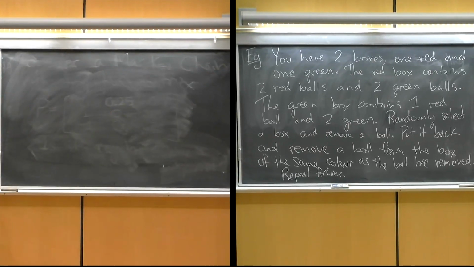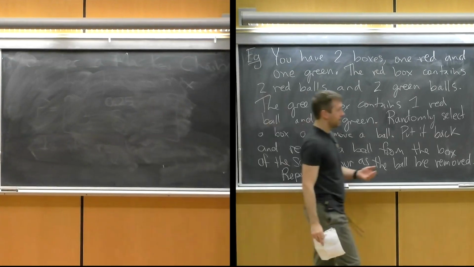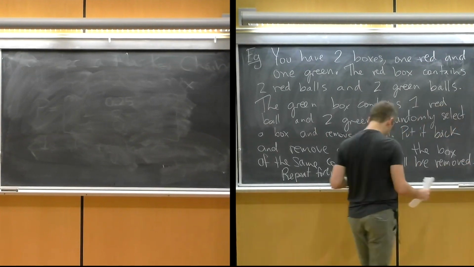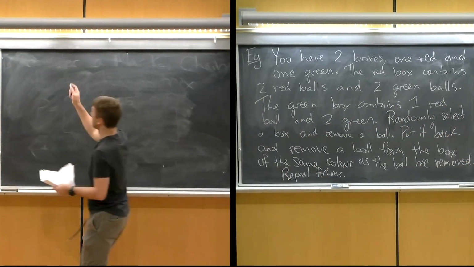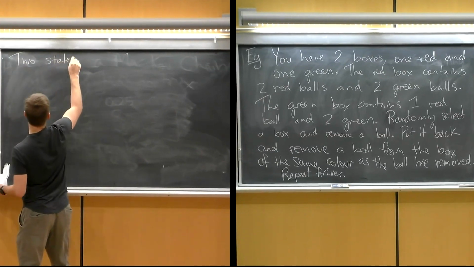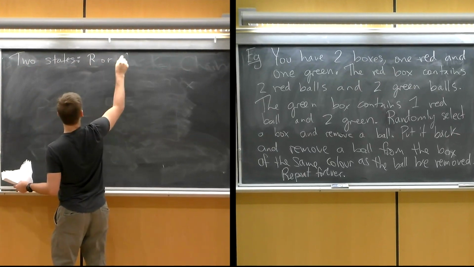So is the setup clear, or are there any questions about it? Okay, so for this question, the choice of box color in each round is either going to be red or green, right? So I've got two states, red or green.